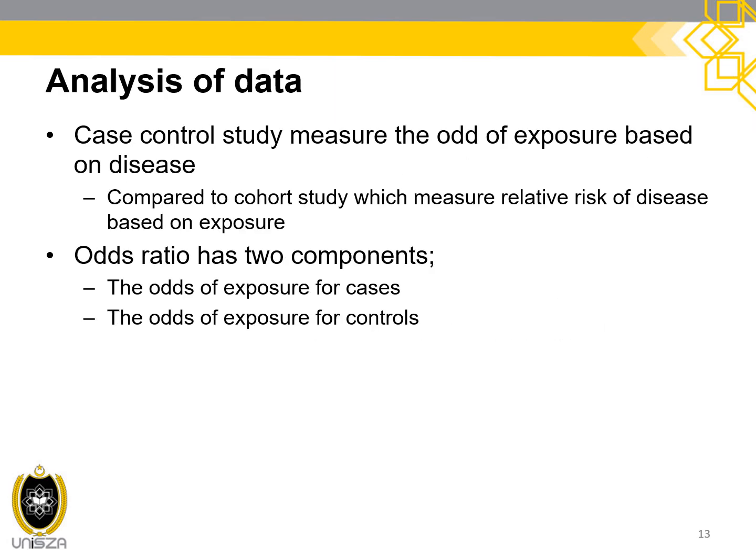In terms of data analysis, case control studies measure the odds of exposure based on disease, compared to cohort studies which measure the relative risk of disease based on exposure. The odds ratio has two components, that is, the odds of exposure for cases and the odds of exposure for controls.